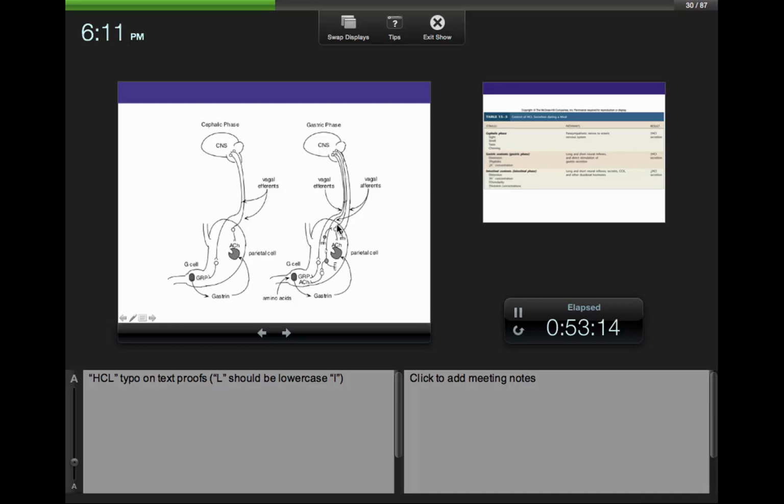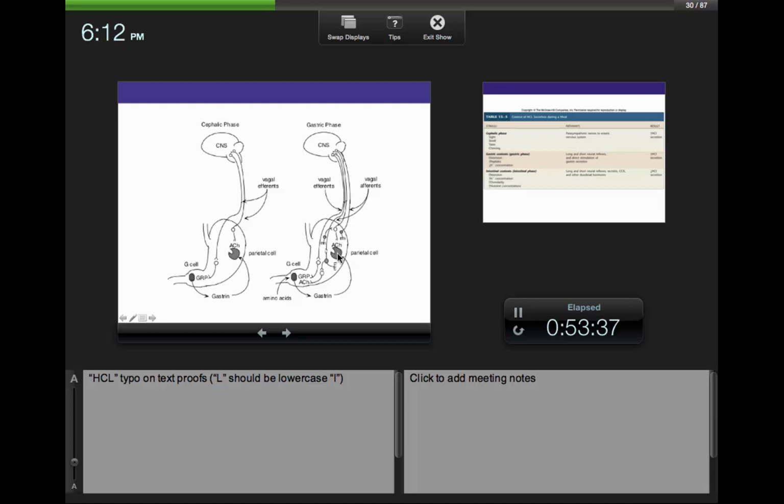Those are called the long reflex pathways. But it also feeds back to these short little reflex pathways in the stomach. Here's a mechanoreceptor. It's actually just releasing neurotransmitter right here, and it's feeding back to the parietal cells. This short little neuron is actually releasing acetylcholine.